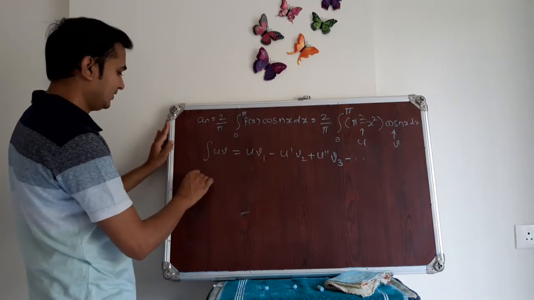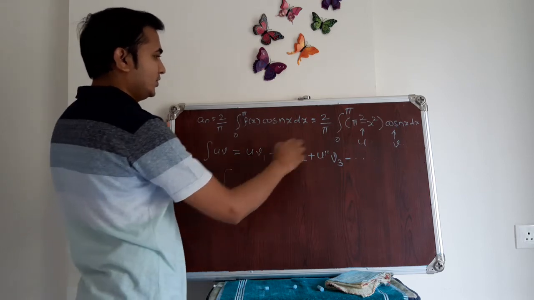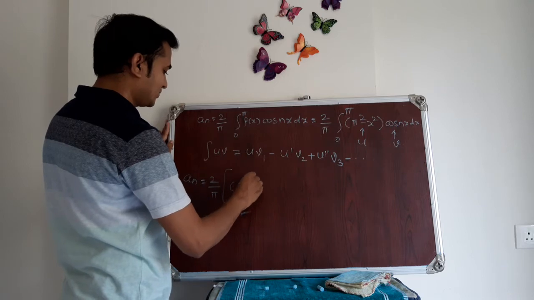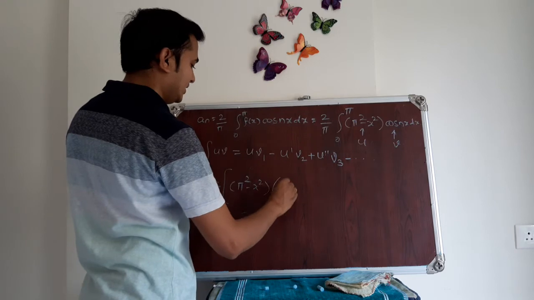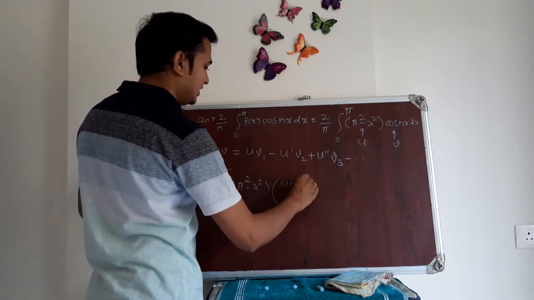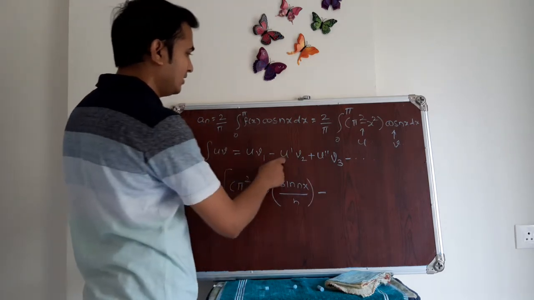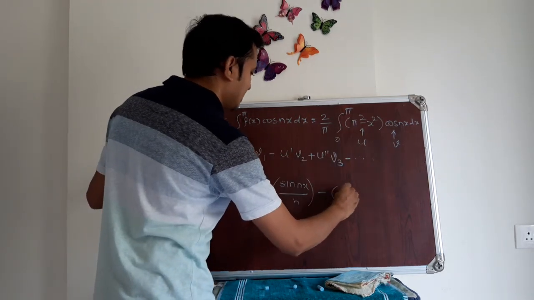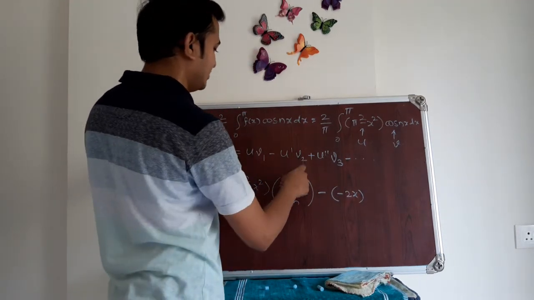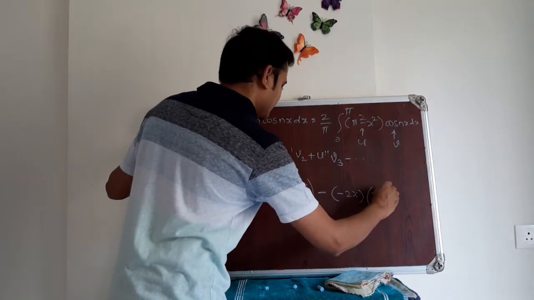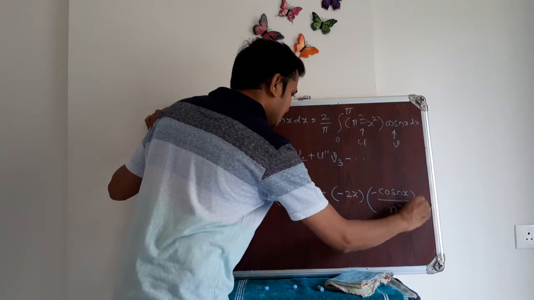So an is equal to 2 by pi, u as it is, so pi square minus x square into integration of v, that is sin nx upon n, minus derivative of u, which is minus 2x, into second integration of v, which is minus cos nx upon n square.